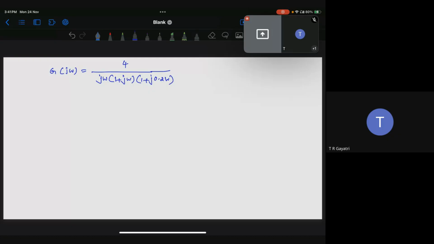Okay, so here the phi would be like: angle G of j omega is minus 90 because j omega is in the denominator, so minus tan inverse omega, so minus tan inverse 0.2 omega.